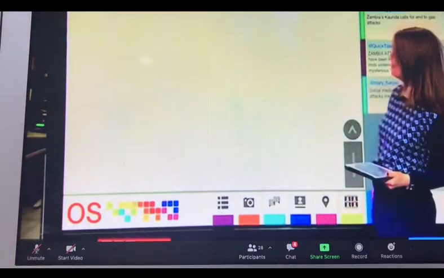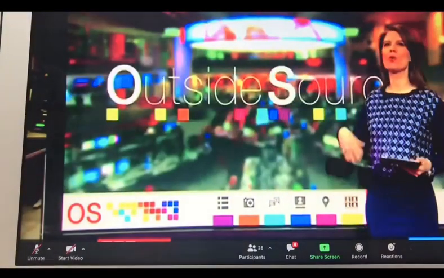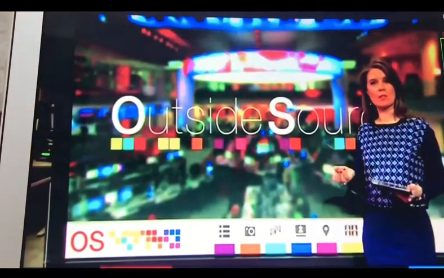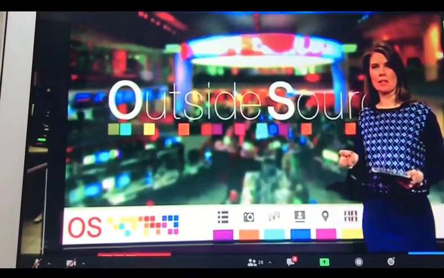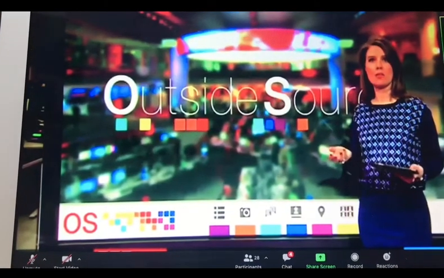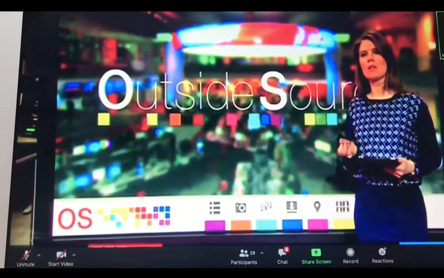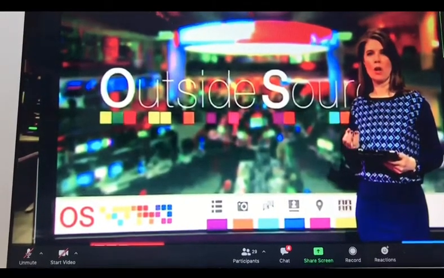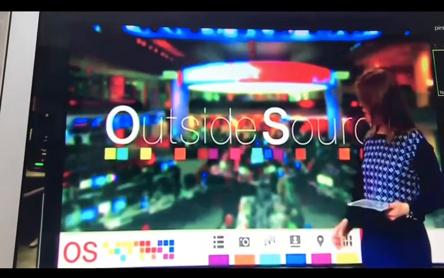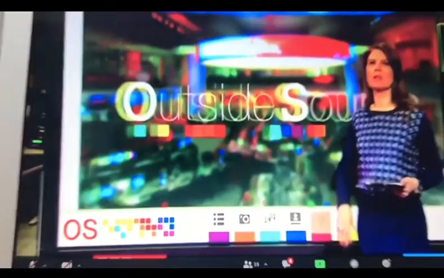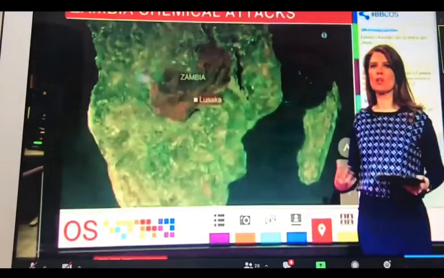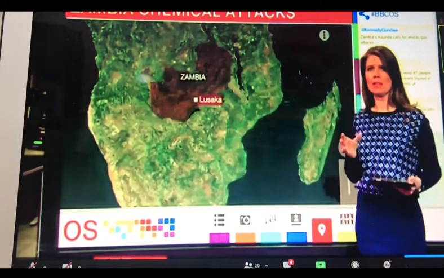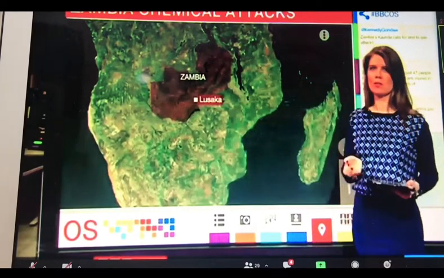Let's turn to Zambia now in just a moment when we get our map up. It's all about mobs that police say are seeking revenge for a series of chemical attacks that have killed at least 50 people. The lynchings are the latest gruesome turn in an extraordinary story that has been playing out in the country over the past few months. There's been a string of reports of people being targeted by assailants who sprayed them with an unknown chemical that then left them unconscious. I know it's a complicated story, but people are angry.